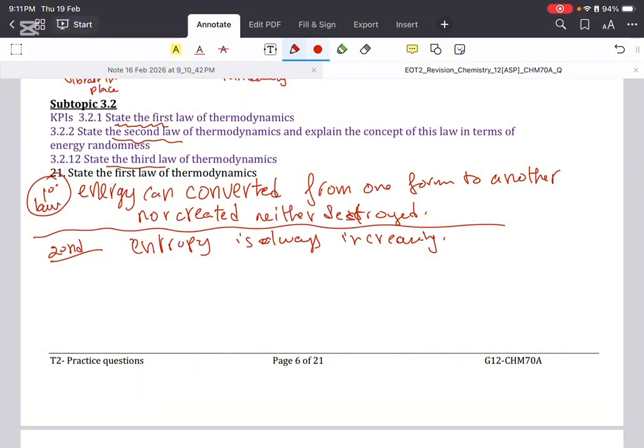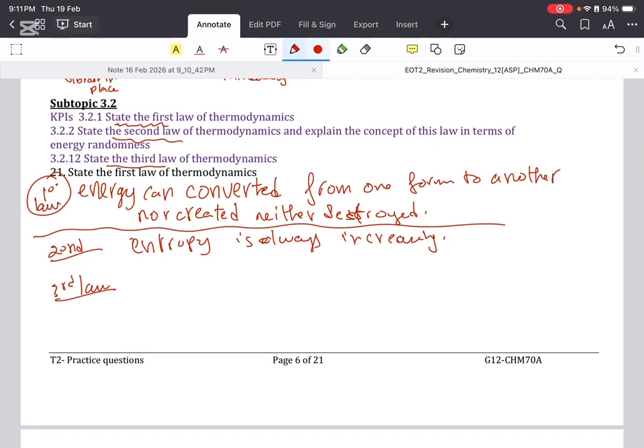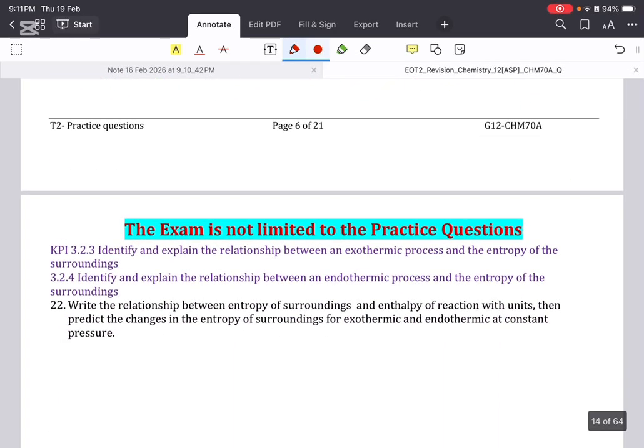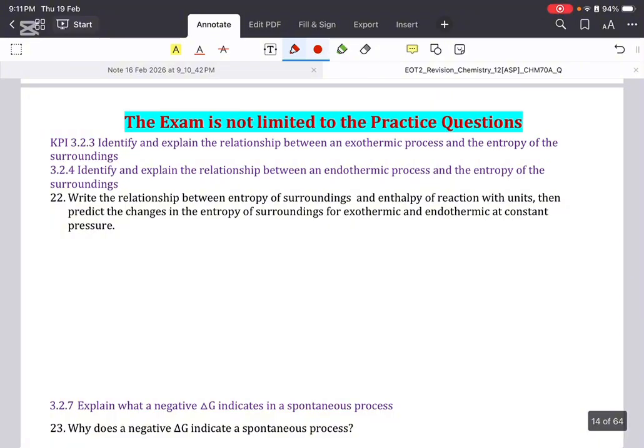Entropy of the universe. That's it. Entropy is always increasing. And the third law states that the entropy of a perfect crystal is 0. S equals 0 for a perfect crystal. So these are the laws. So if it comes, you know what to do.